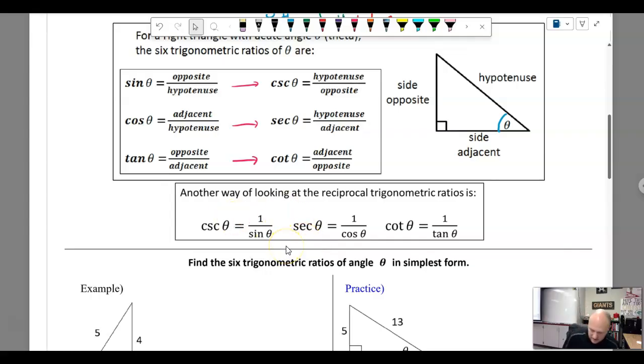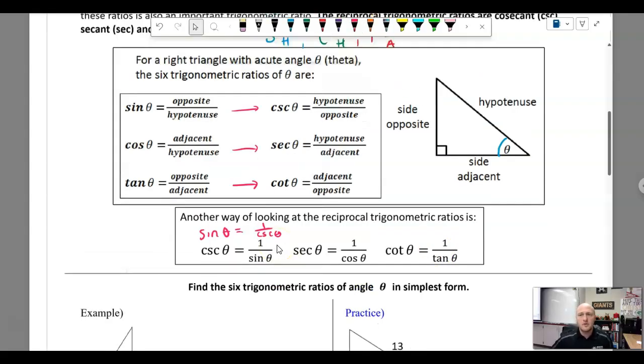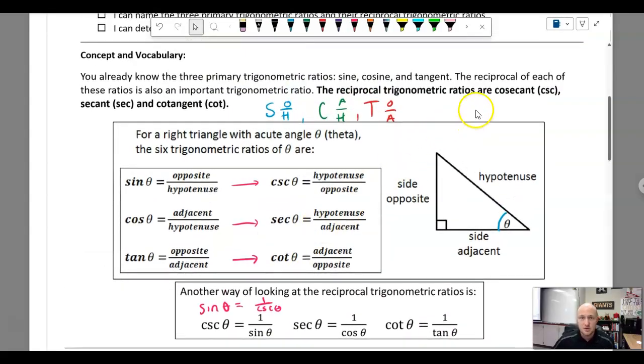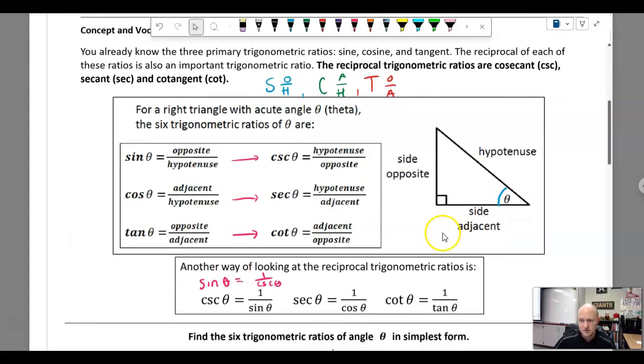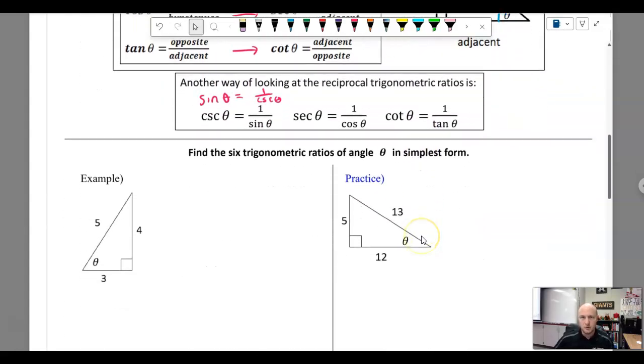Or vice versa, sine of theta is equal to 1 over cosecant of theta. Secant theta is equal to 1 over cosine, and cotangent is equal to 1 over tan theta. So those are the big 6 trig ratios: sine, cosine, tangent, cosecant, secant, and cotangent. Make sure you can name them and their relationship to each other.